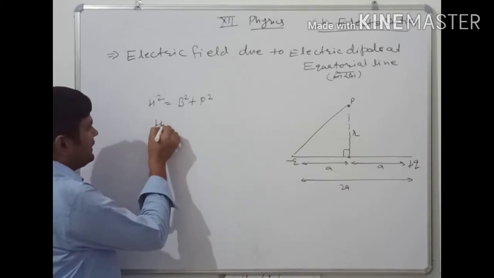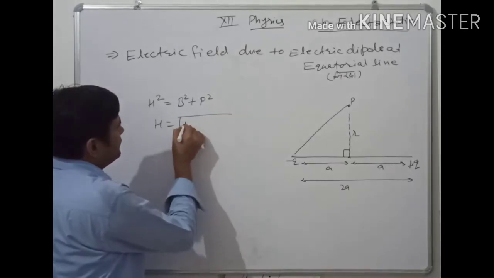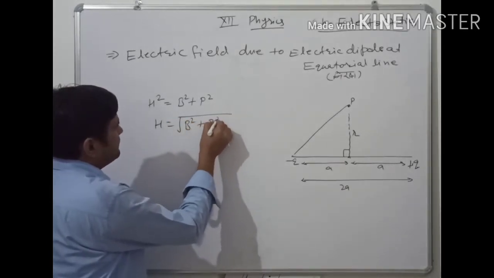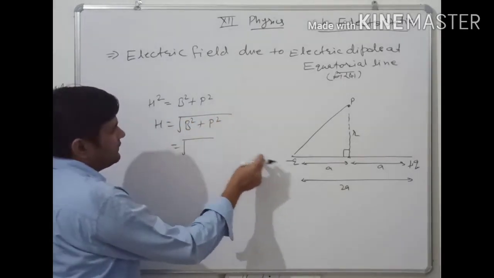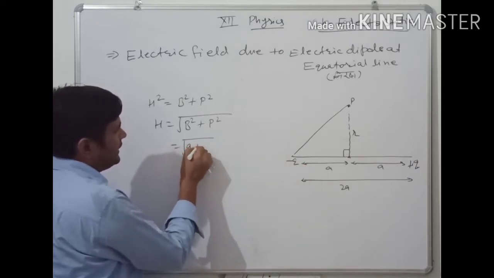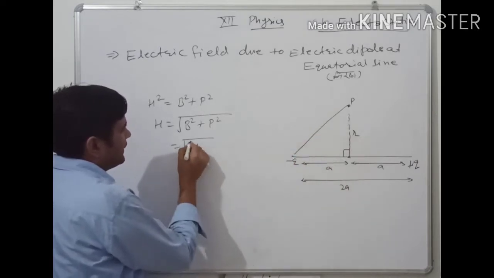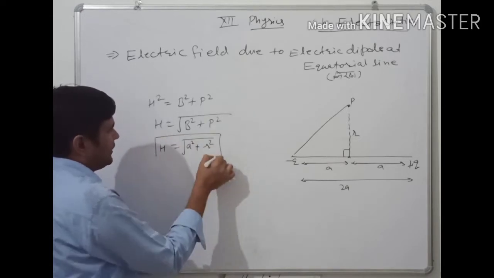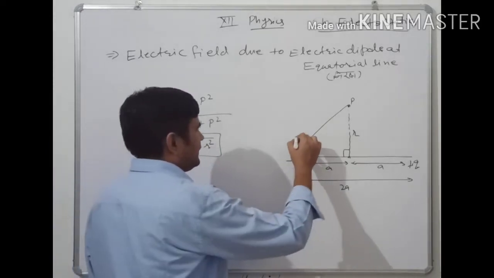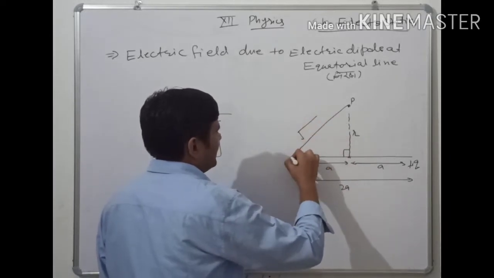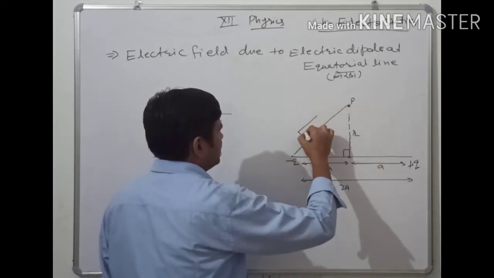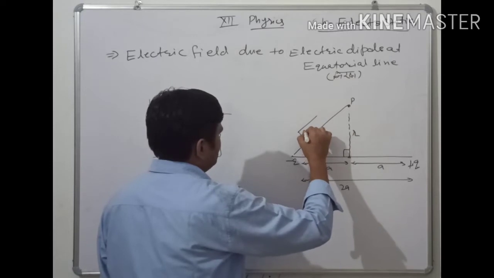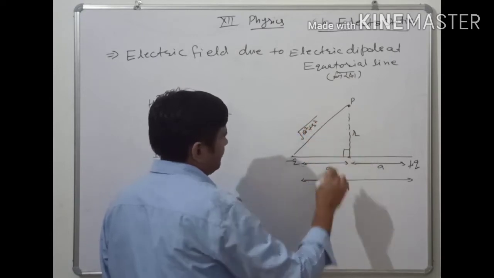Now the h square is equal to base square plus perpendicular square. Here the value of the base is a, and the value of the perpendicular is r. That's why hypotenuse equals under root r square plus a square. Now the distance between the minus q charge and the point P is under root a square plus r square.